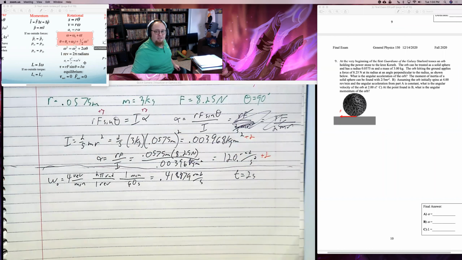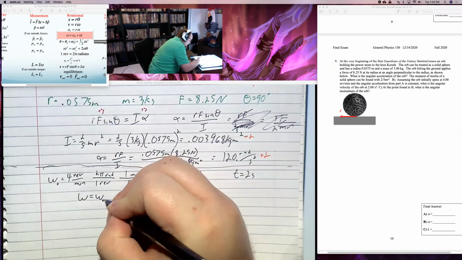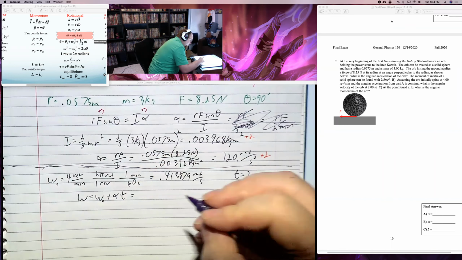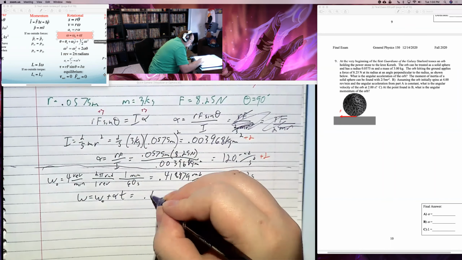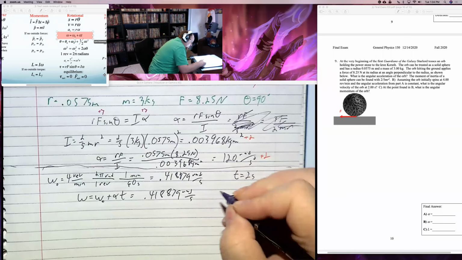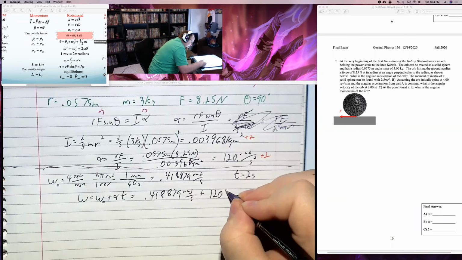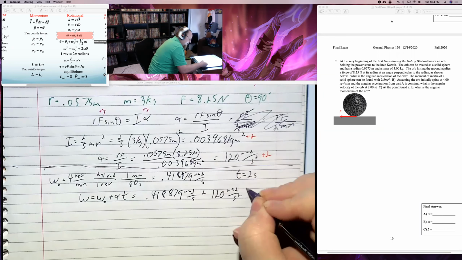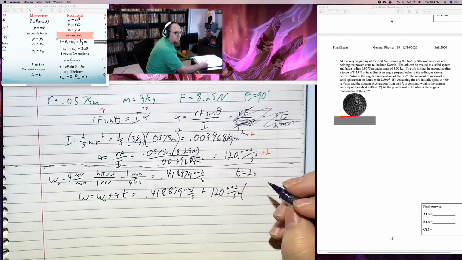It's going to be one of these. What's the angular velocity? That's only in this one. So omega equals omega naught plus alpha t, or 0.418879 plus 120 radians per second squared times 2 seconds.